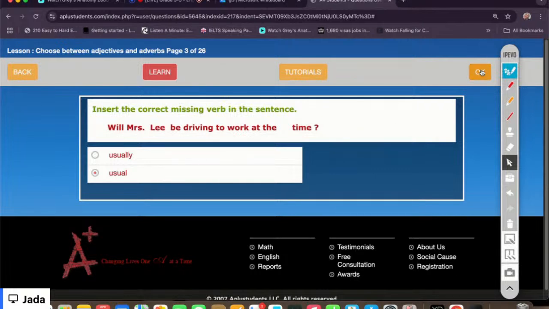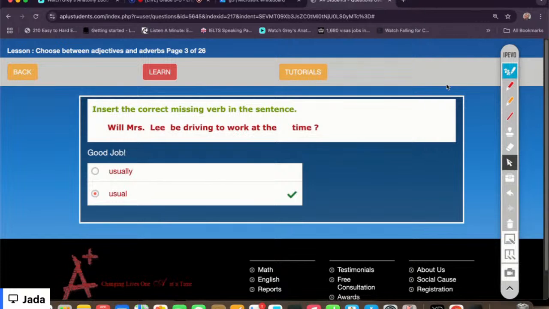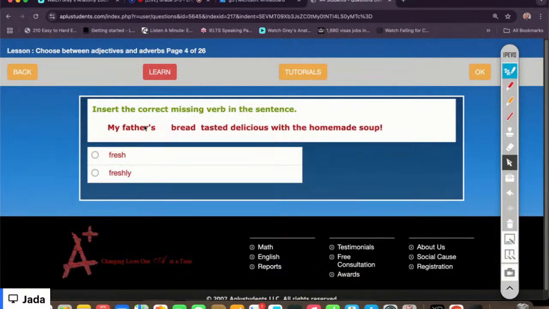So we have usual time. Okay. My father's dash bread tasted delicious with the homemade soup. So my father's fresh or freshly.